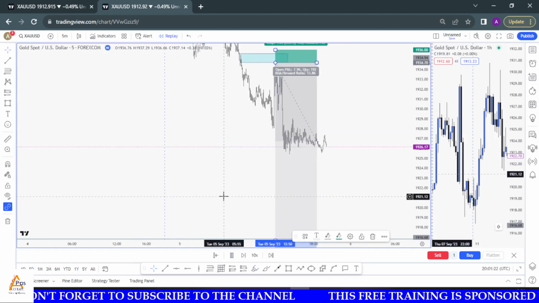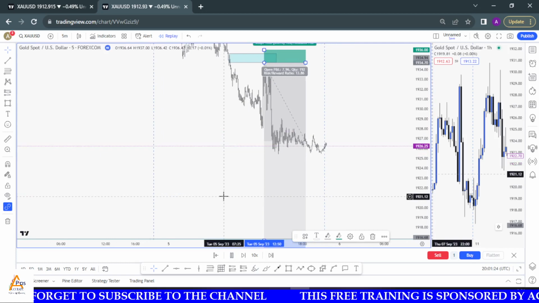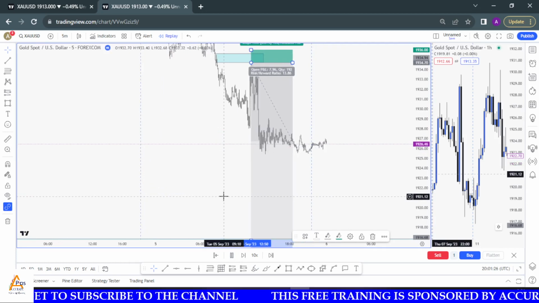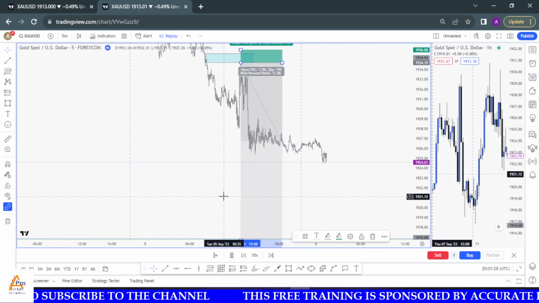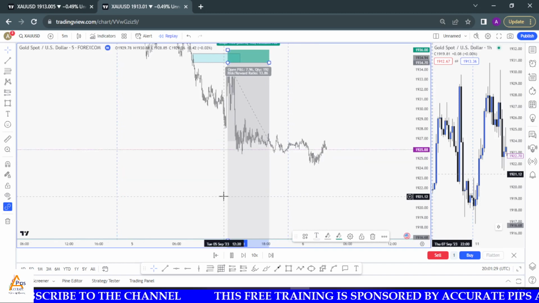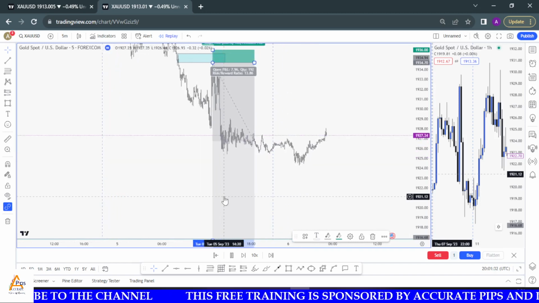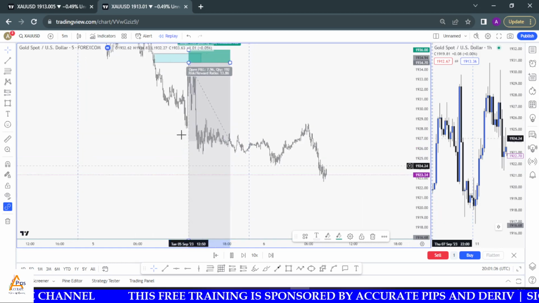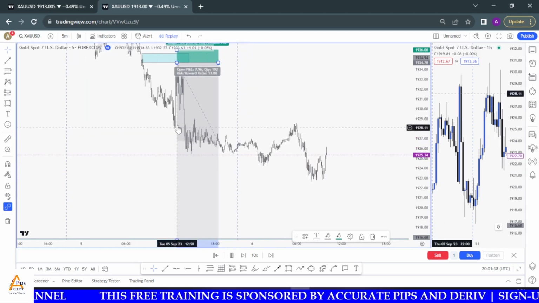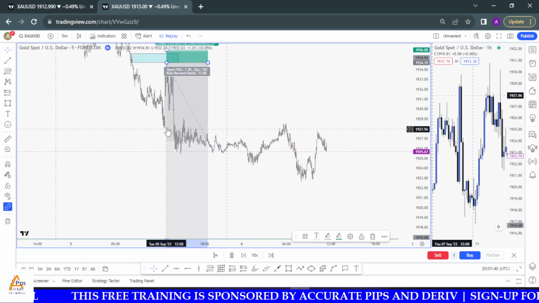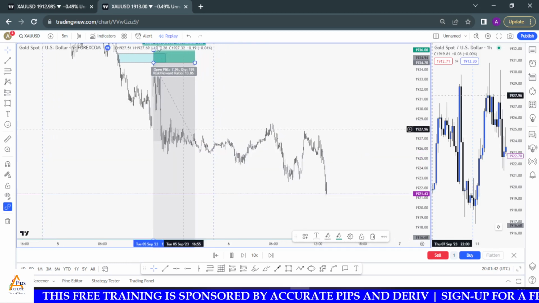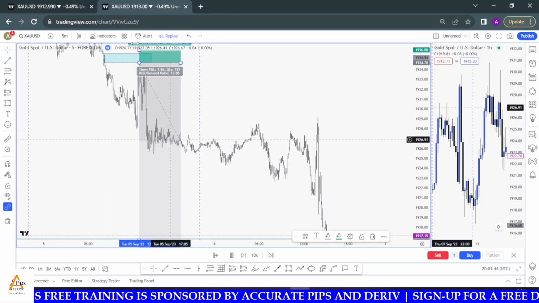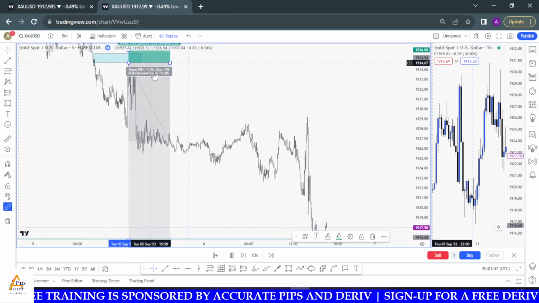Remember, the reason we are taking profit at our decisional is that's where we need to first take our first buy entry. Once price takes this particular low here, you can take partial and move your stop loss to break even.